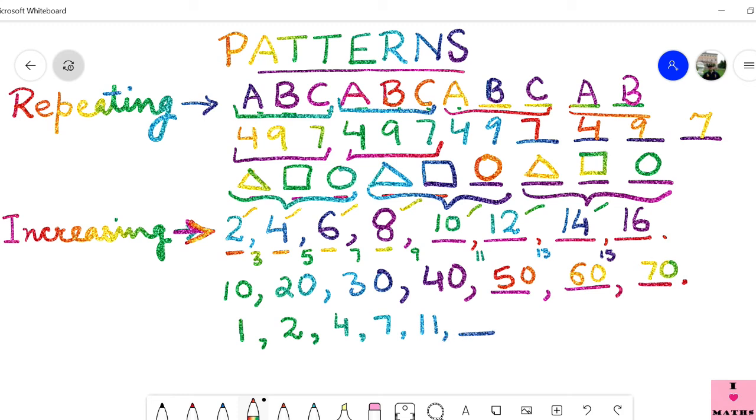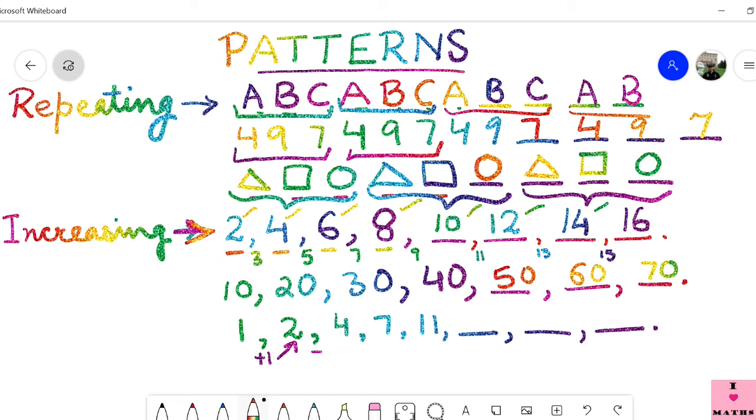Okay, now you look at this pattern. Here also this is an increasing pattern because the numbers are increasing: 1, 2, 4, 7, 11. Now we have to decide what will come in these three blanks. So let us see. Here in 1, 1 was added and you got 2.